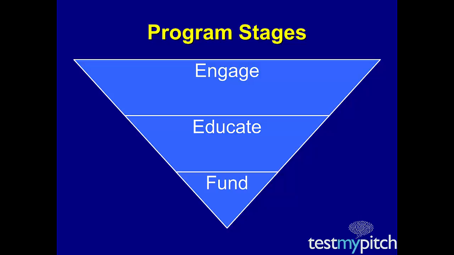Often programs go in three stages. There's an open tent where we want people to come in and get into the environment, into the community, and that's the engagement stage. Then we're going to be doing education, and then potentially doing funding. In other words, we're going to pick the best ideas and support them in one or a variety of ways.